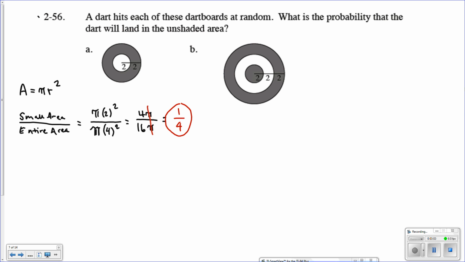Let's look now at the second one. What is the probability it's going to land in this region? First of all, we have to come up with the area of this part.